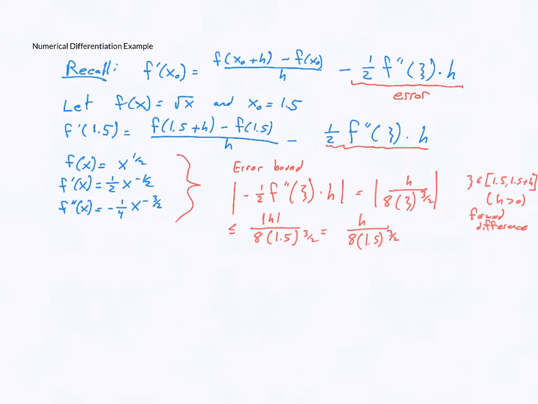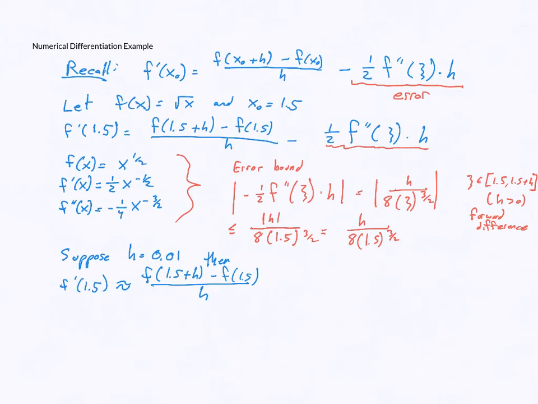Awesome. Now, suppose h is equal to something like 0.01. Here's what we have: f prime of 1.5 is about f of 1.5 plus h minus f of 1.5 divided by h.